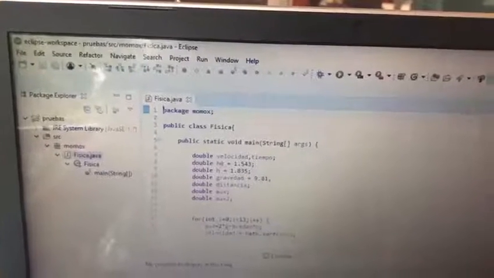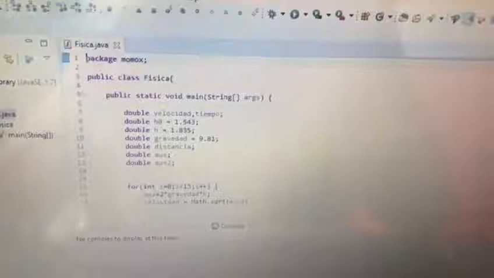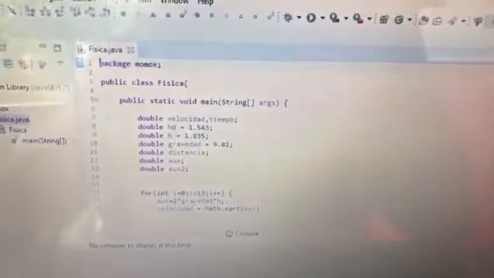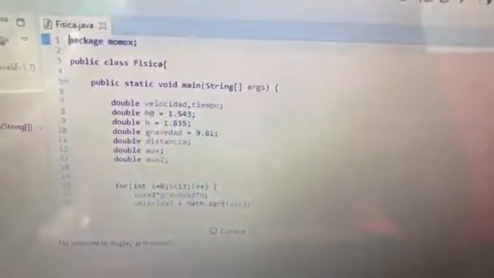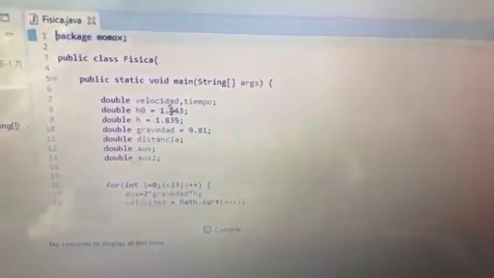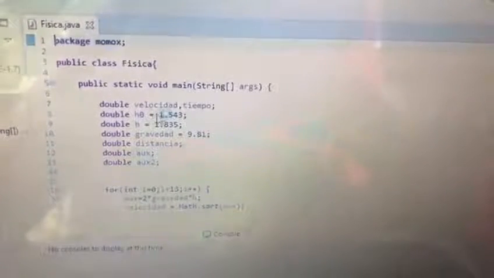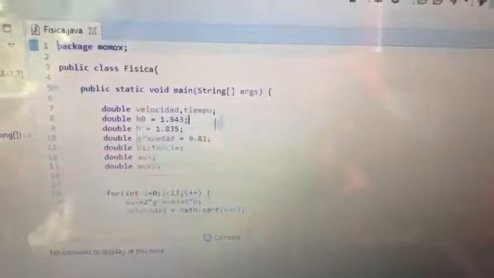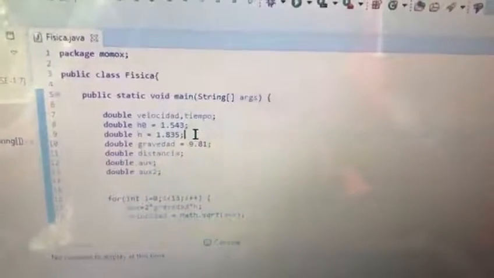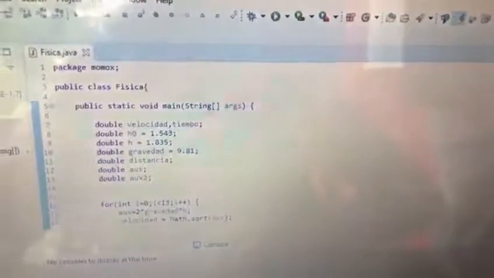Well, here's the program that is made in Eclipse, and the language used for the programming was Java. As we can see, here are the variables of velocity, time, the height that we got, the gravity, the distance, and all the variables that we need for this project.